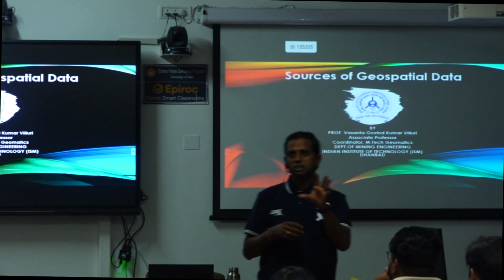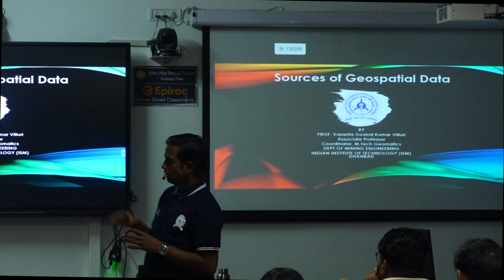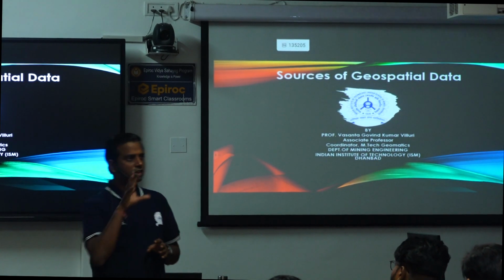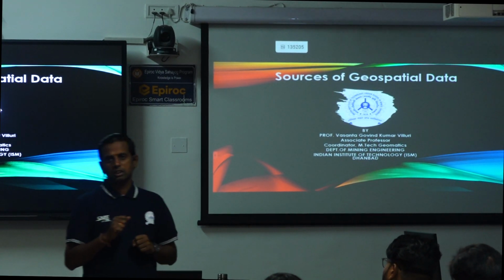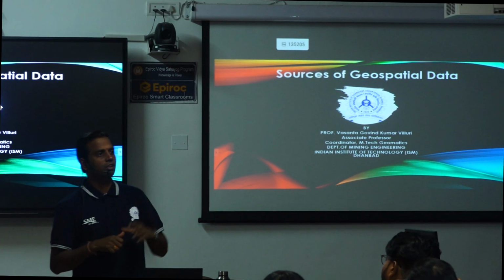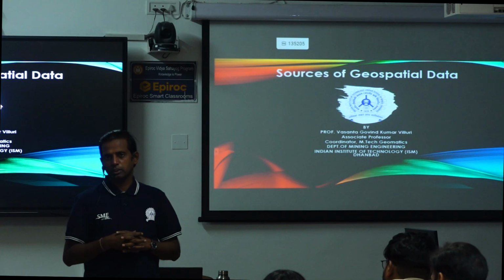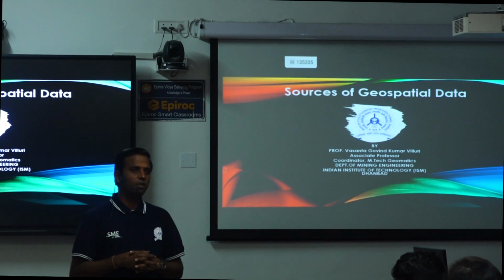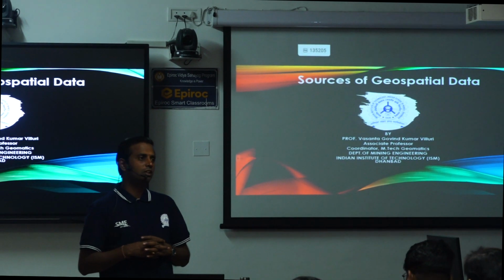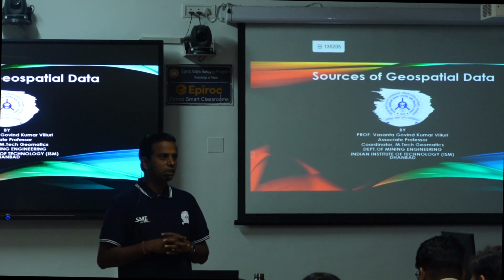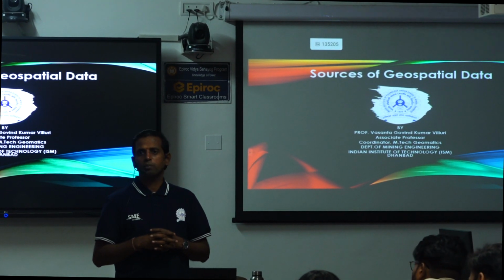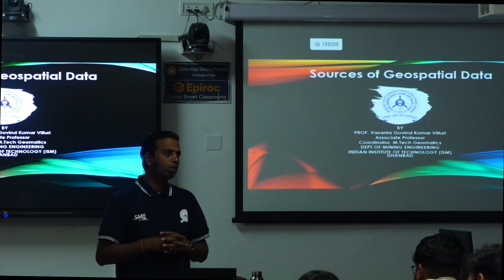Now what is remote sensing, what kind of data will it give you, what is digital image processing, what is the outcome of digital image processing, what is GIS, what does GIS actually perform, and what is GPS and what is GNSS, and what kind of services can we take from these various techniques. And the combination we call geospatial technology.